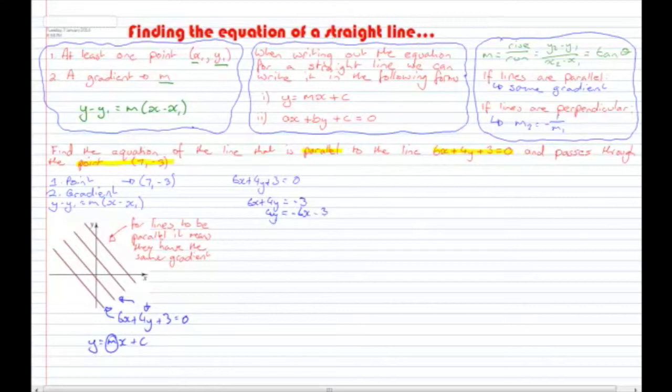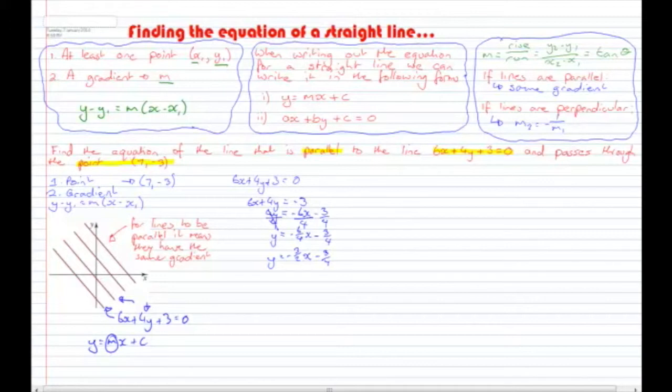We still need to get y on its own, so let's divide both sides by 4. So these cancel out to give y is equal to negative 6 on 4, x minus 3 on 4. And of course we can cancel the negative 6 on 4 down, because there's a common factor of 2, to negative 3 on 2, so y is equal to negative 3 on 2 x minus 3 on 4.